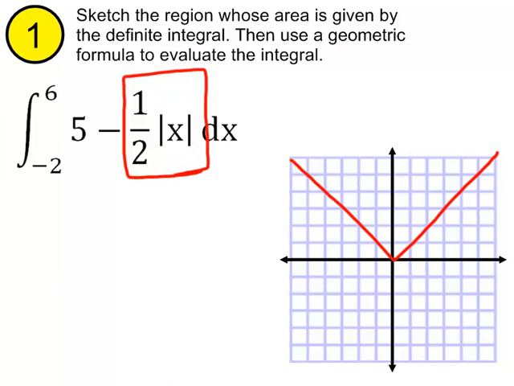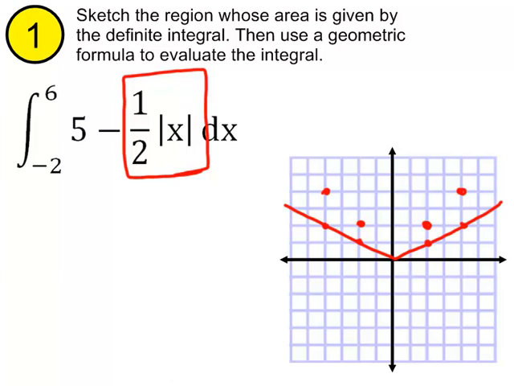Well, it's a vertical shrink, right? So if I look at some of the points, for example, this point and this point would be convenient ones, here and here as well. If I look at those points and ask how does the 1/2 affect it, they're going to be reduced down to half of what they originally were. So we now have a curve that looks like this.